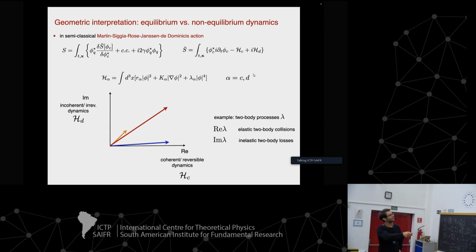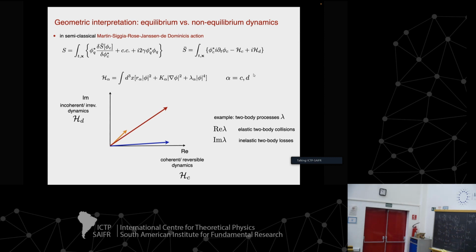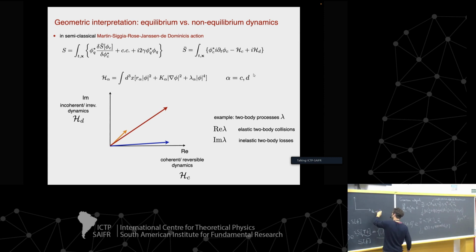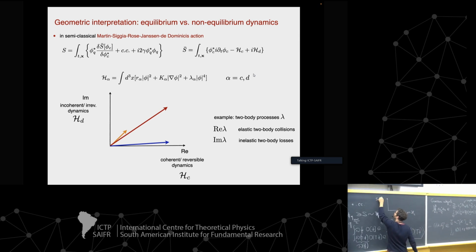So another way of looking at that, I'm now just plotting in this plane. Maybe I do it live to build it up, and I label this more accurately. Here I plot the real parts, those that are associated to the coherent part, and here the imaginary parts corresponding to the dissipative one.